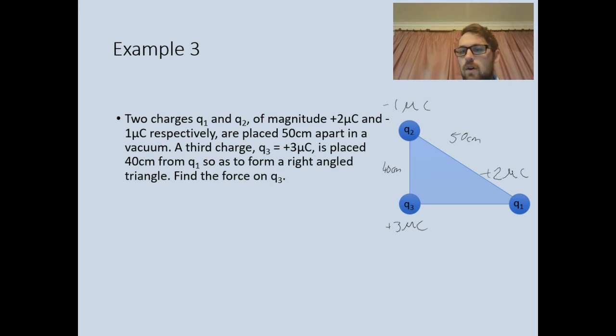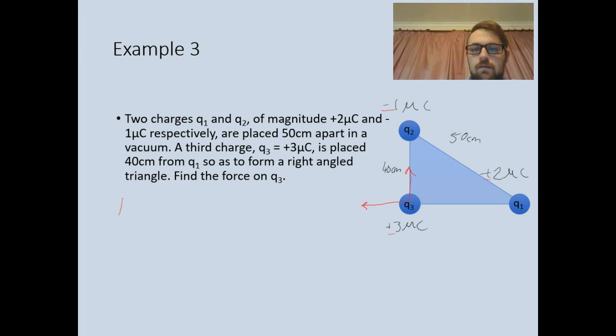Okay, so what we've got here is a couple of things. The first one is we have a negative charge up here and a positive charge here, so this is going to be an attractive force. And over here we've got a positive and a positive, which means this is going to be a repulsive force.